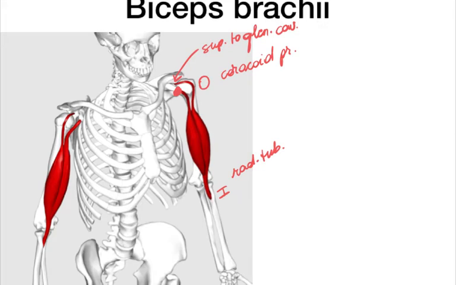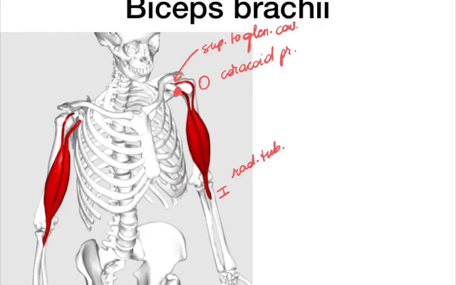Because of these origins and this insertion, clearly when the muscle contracts, remember you can do that by putting the palm of your hand onto its origins and the fingertips onto the radial tuberosity, and then curl the fingers. That's going to move the radius to where flexion at the elbow occurs.